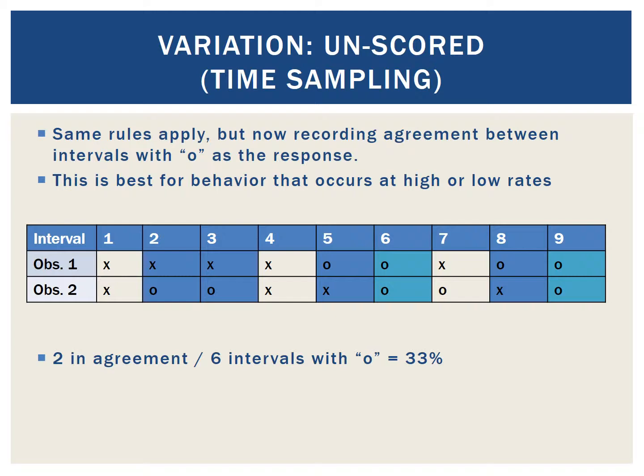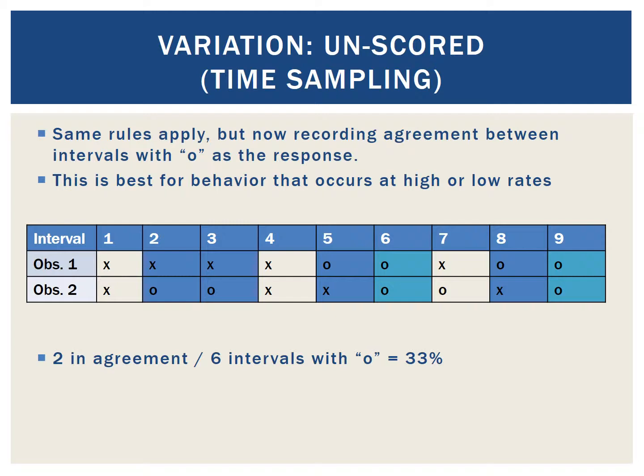For purposes of IOA, you're not throwing out the data, but you're basing the inter-observer agreement score on the intervals when at least one of the observers recorded a non-occurrence. So if both recorded a non-occurrence, or one recorded an occurrence and one recorded a non-occurrence, you're counting those intervals.